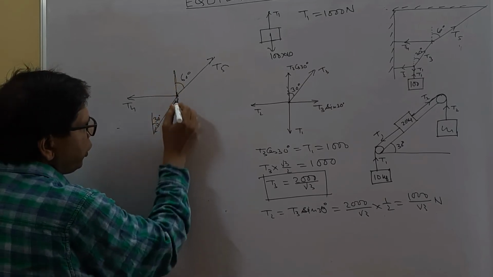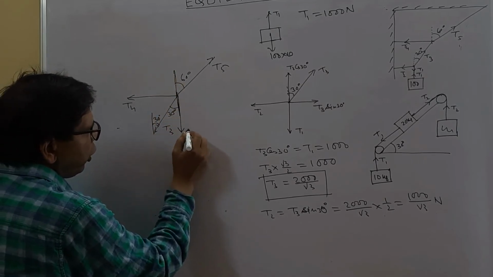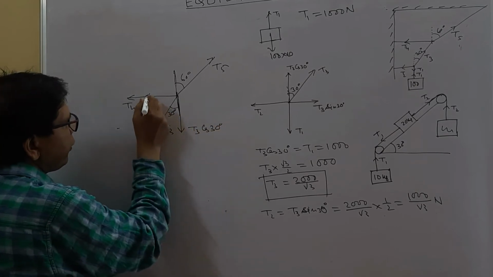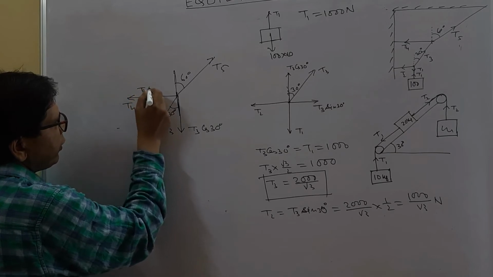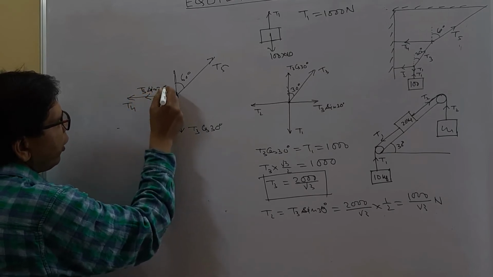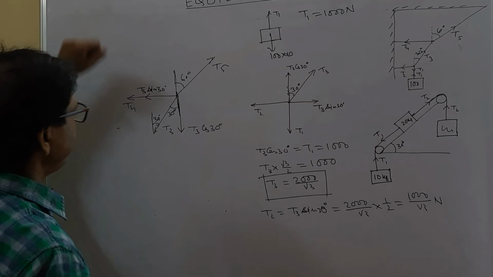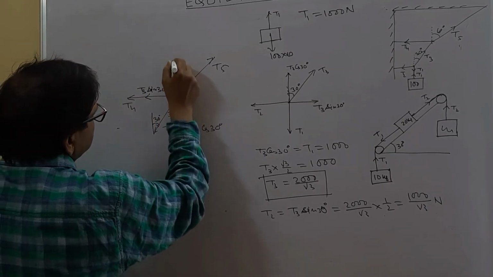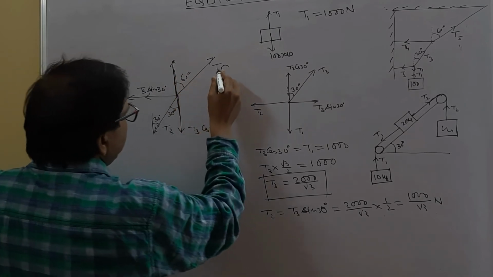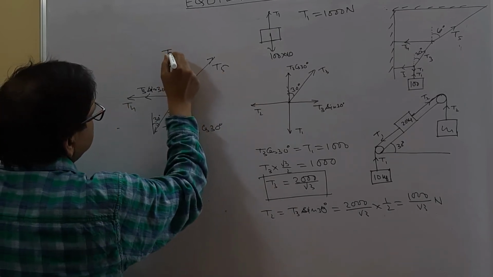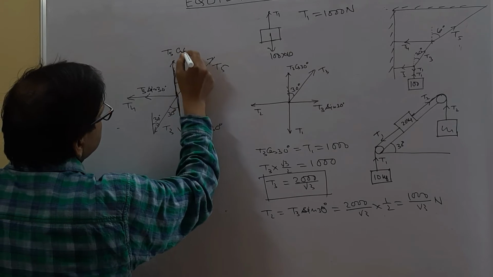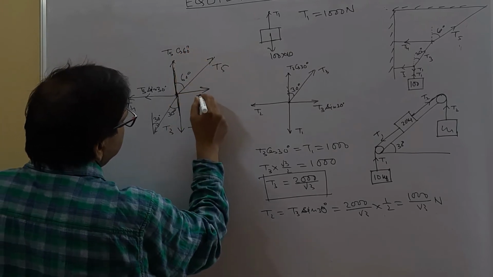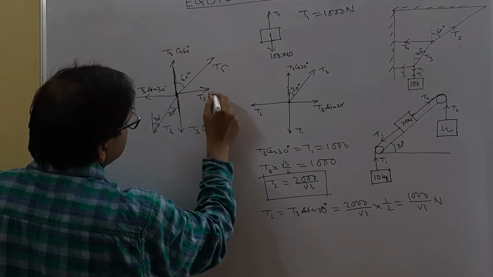Now we resolve T3 along this direction: this is T3 cos 30 degrees and this is T3 sin 30 degrees. Here the T5 component in this direction is T5 cos 60 degrees and this is T5 sin 60 degrees.